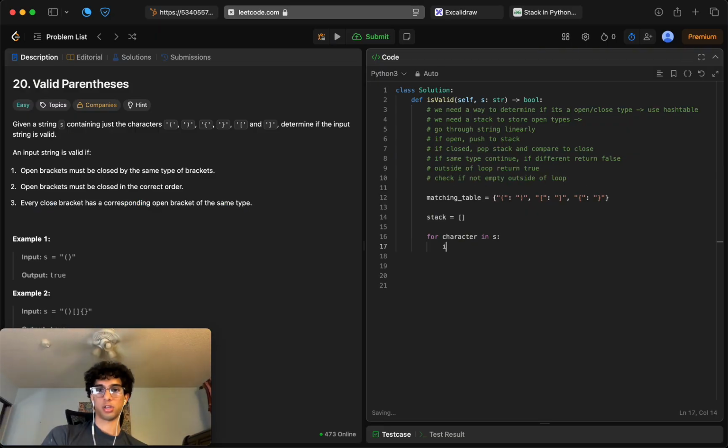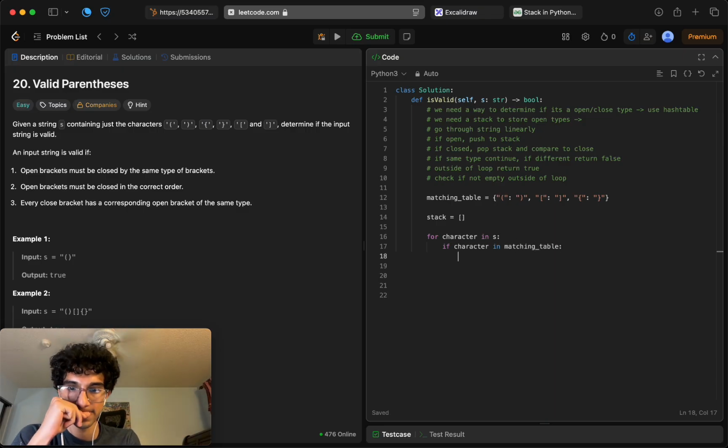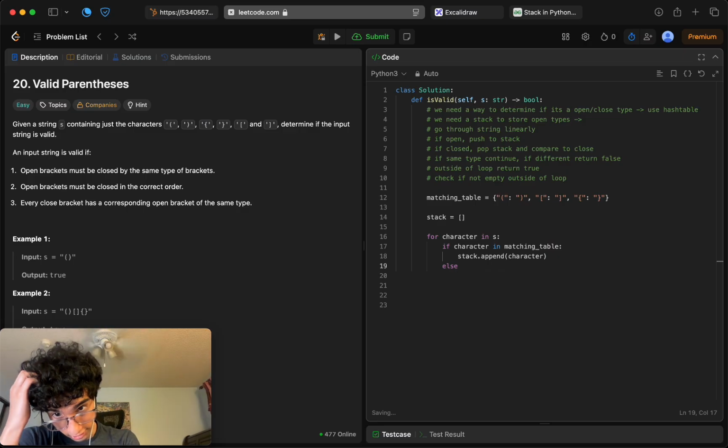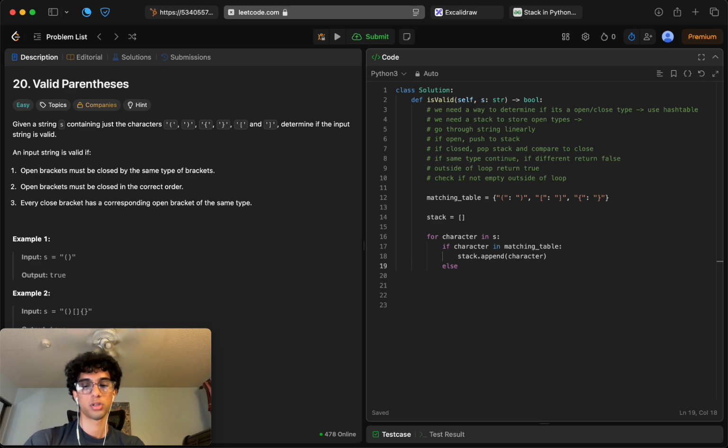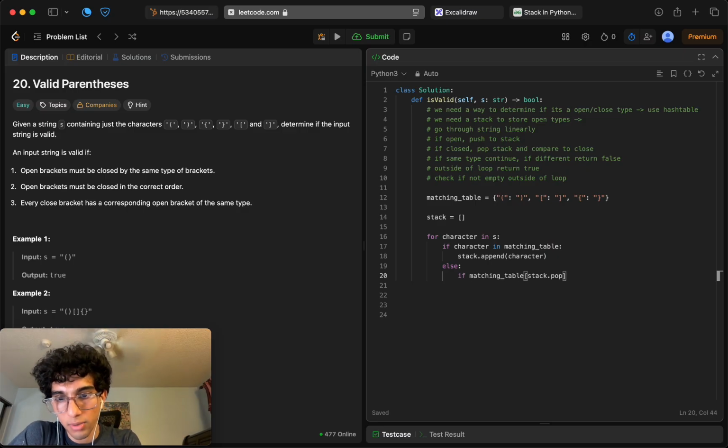For character in S, if character in matching table, stack.append character. Else, so if it's not in the matching table, that means it's a closing bracket. Else, if matching table stack.pop is not equal to character, return false.